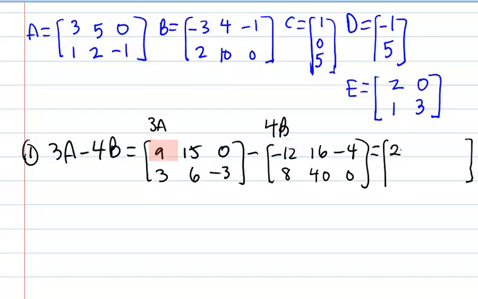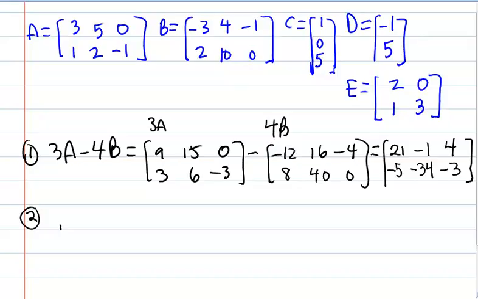That's a positive 21. 15 minus 16, negative 1. 0 minus a negative 4, positive 4. 3 minus 8, negative 5. 6 minus 40, it's going to be a negative 34. And then negative 3 minus 0 is just negative 3. So there it is, 3a minus 4b.